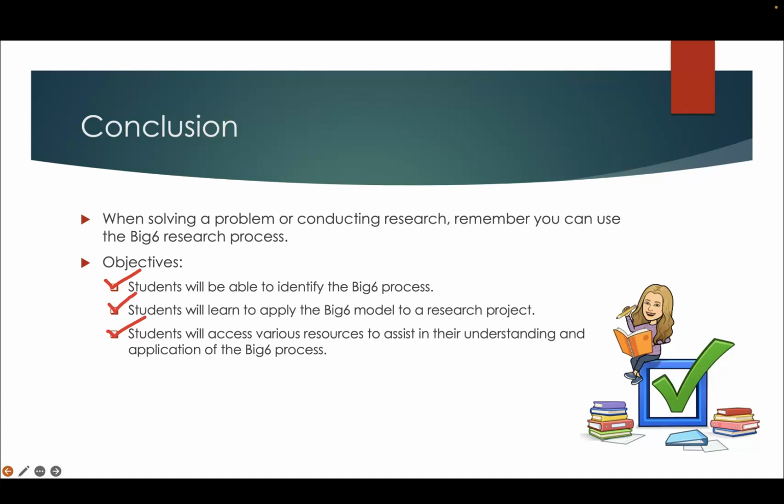So in conclusion, when solving a problem or conducting research, remember you can use the Big 6 research process. And we talked about all 6 of the steps, and don't forget to reference your handout for reminders about going through the process. So let's look at our objectives. We were able to identify the Big 6 process.